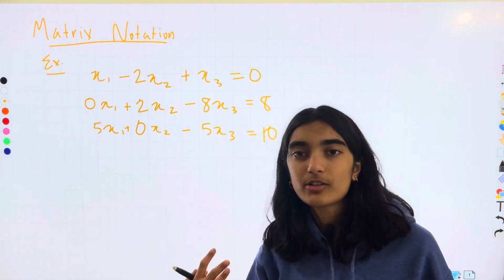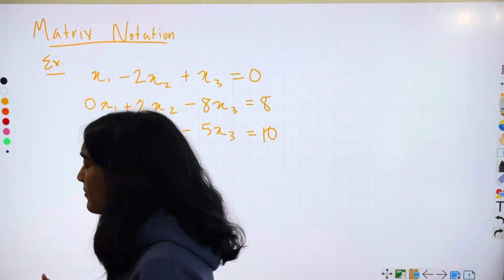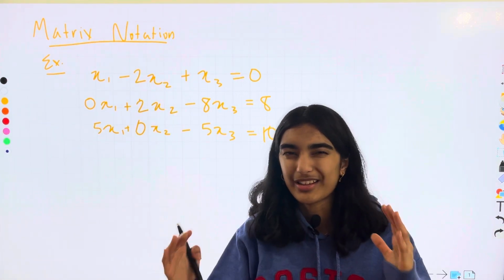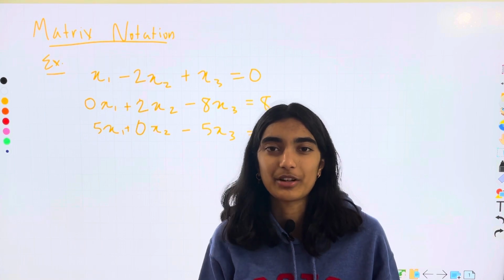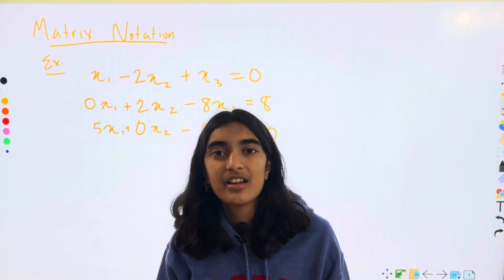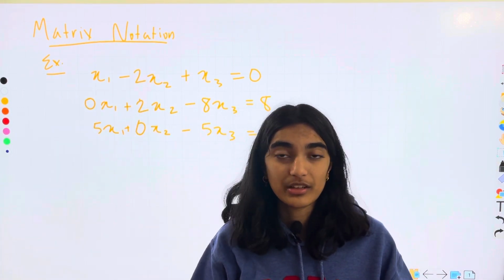So what is a matrix, first of all? A matrix is just a collection of numbers. We represent it using a rectangle of numbers, written in rows and columns. That's all it is, unless you give it additional meaning.